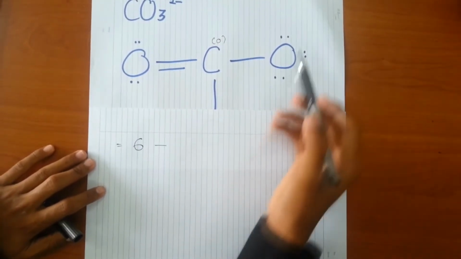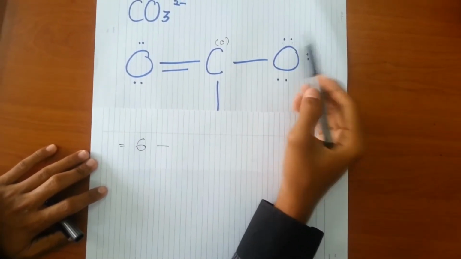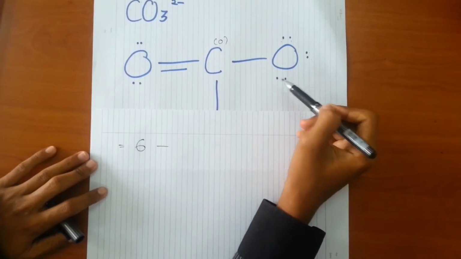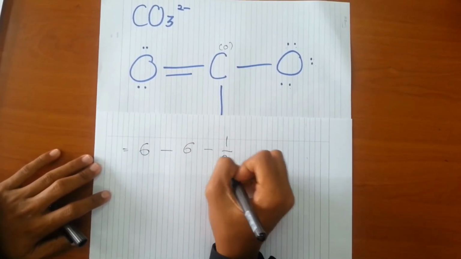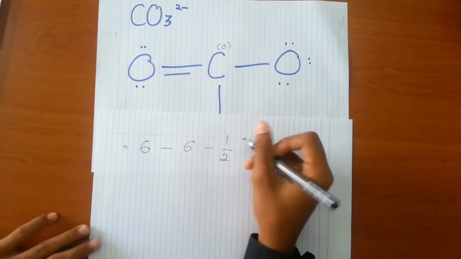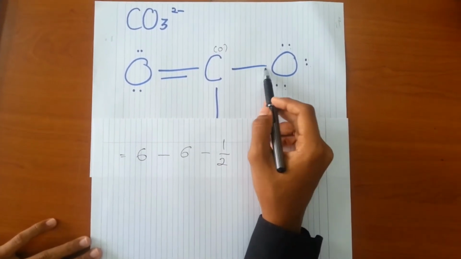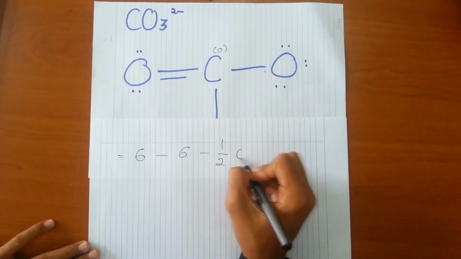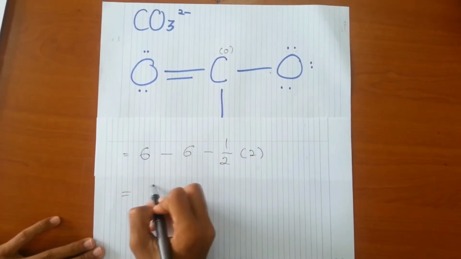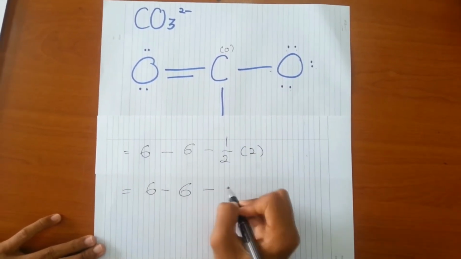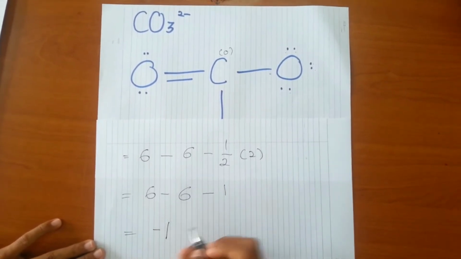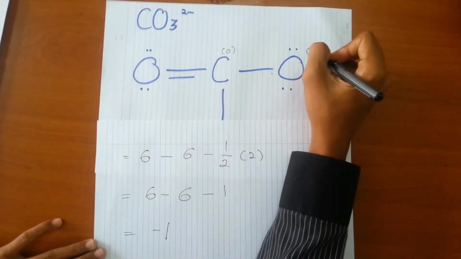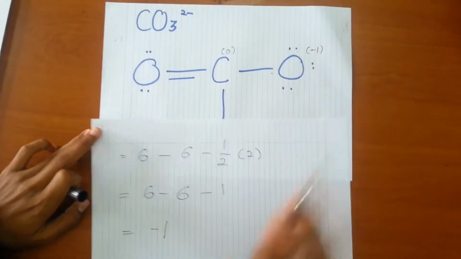Non-bonding electron here is 1, 2, 3, 4, 5, 6. 6 minus 6 minus half of bonding electron. Bonding electron here is 1. 1 times 2 is 2. So 6 minus 6 minus 1 equal to negative 1. So the formal charge here is negative 1.